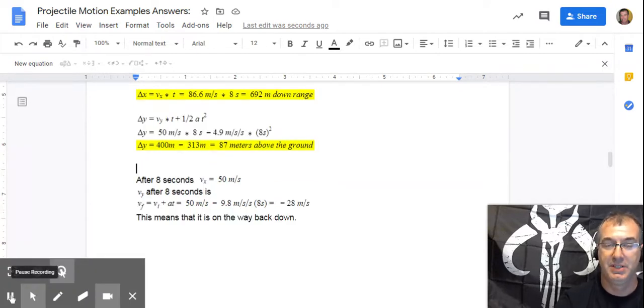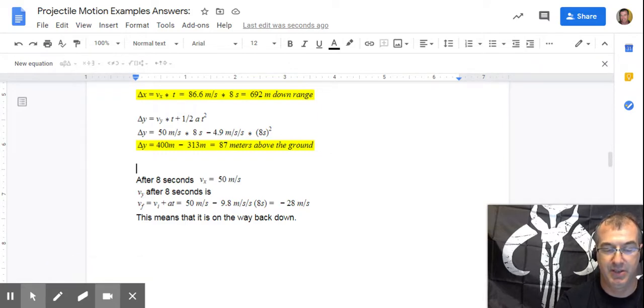To find the velocity of the object, I need to find the horizontal component of the velocity and the vertical component of the velocity at 8 seconds. At 8 seconds, I know that the horizontal motion is still in the positive direction.